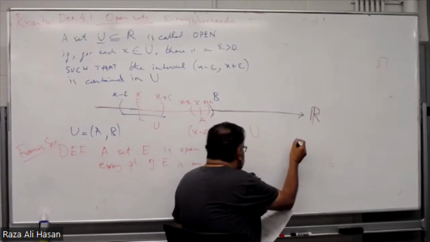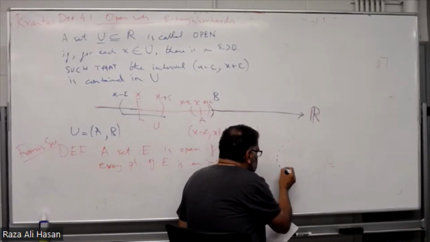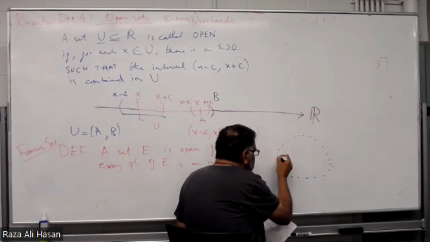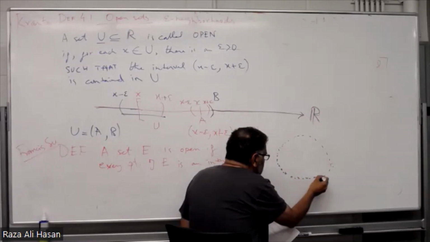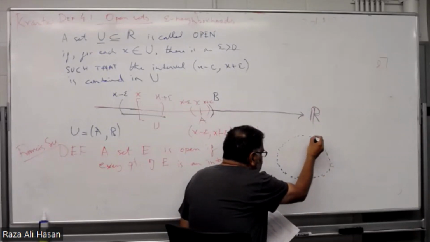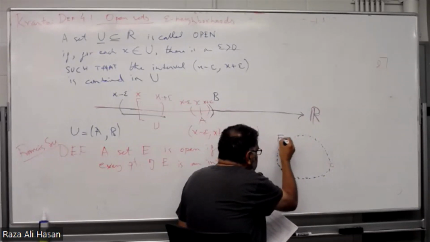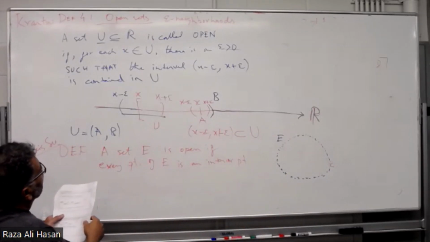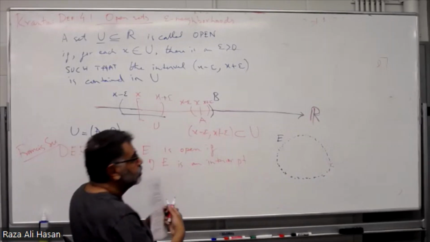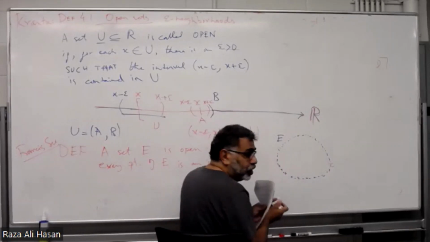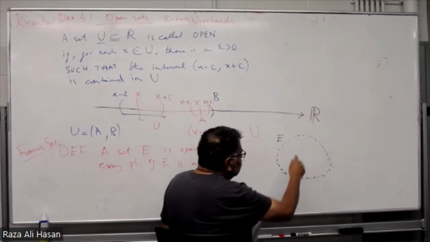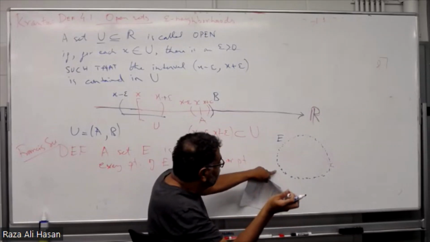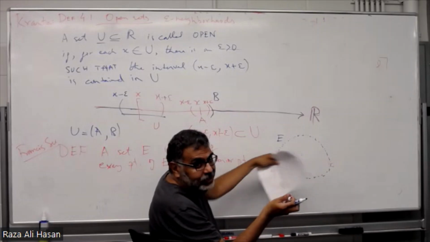So here we go. Let's draw this. This is our 2D definition. Pick any point. And why is this an open set? Because it has an open boundary, which means the boundary points are not included in the set.